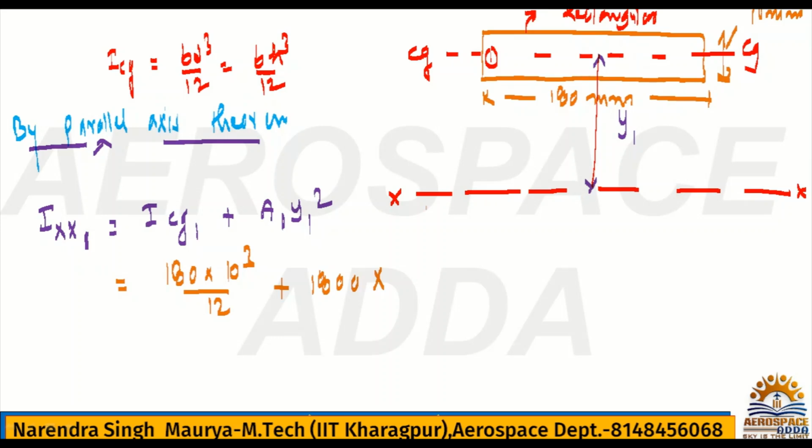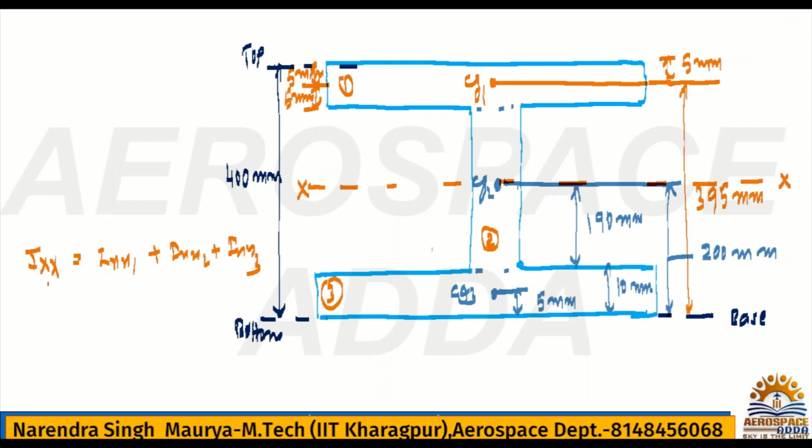So from XX, what is the CG location? Now check. This is your XX axis. Here you are calculating moment of inertia, and this is the CG location of section 1.